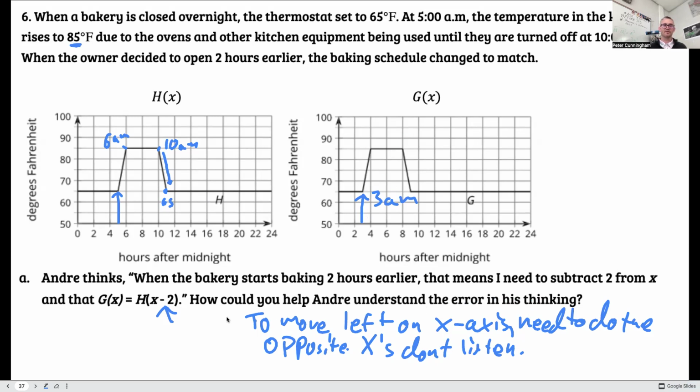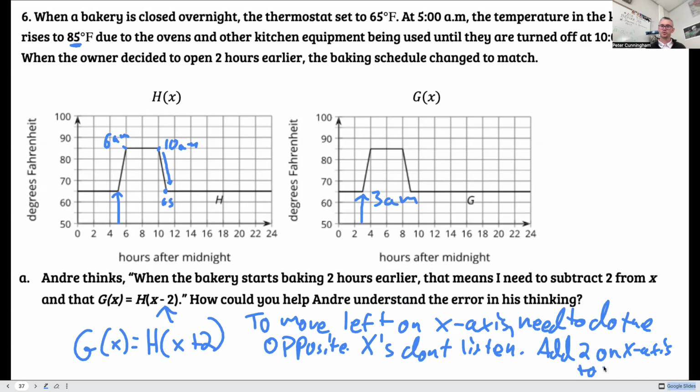Okay, so instead of subtracting 2, what should we do for this? g of x needs to be x plus 2. So you need to add 2 on the x axis to move left.